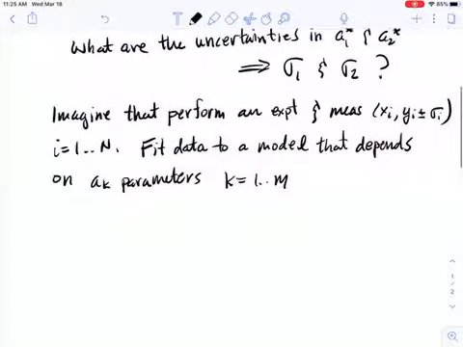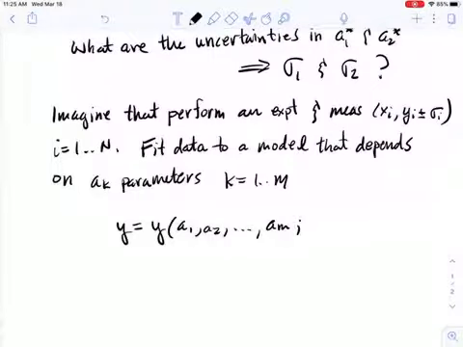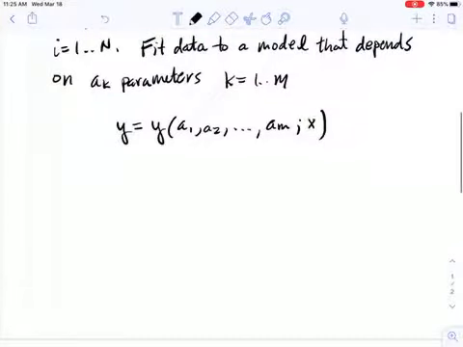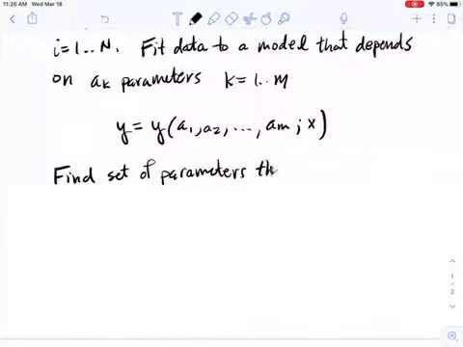Okay, but now there's no restriction on the form of that model. It could be as complicated as you like. So y depends on x and these m parameters. By whatever means, like maybe the grid search that we just discussed at the top, however we do it, we find the set of parameters that minimizes chi-squared.